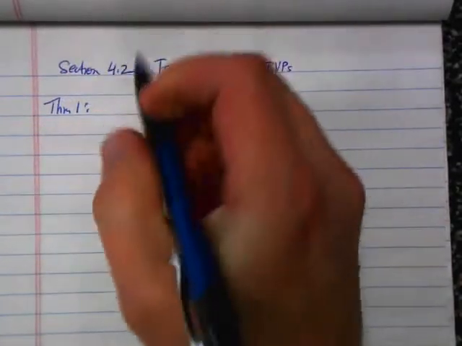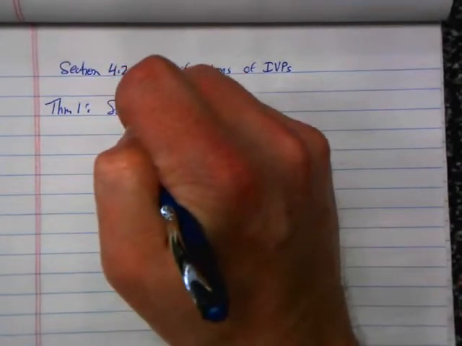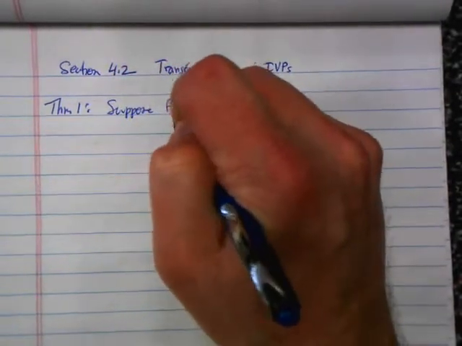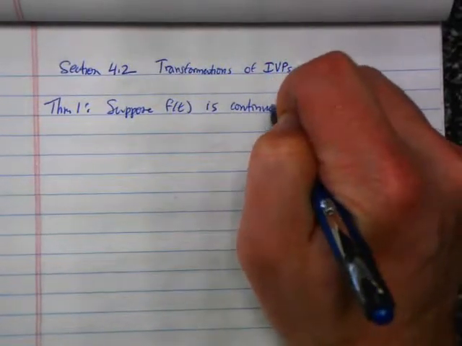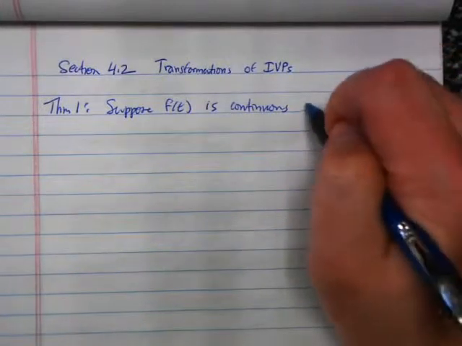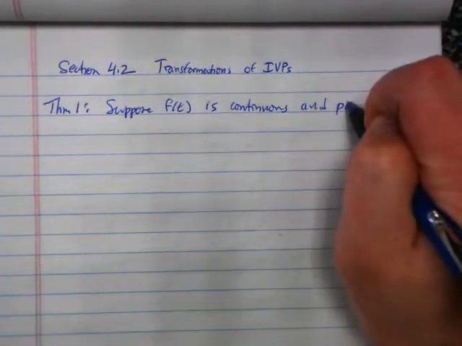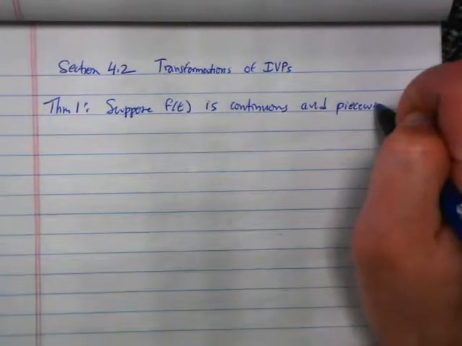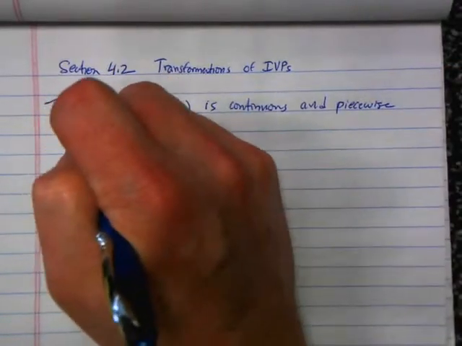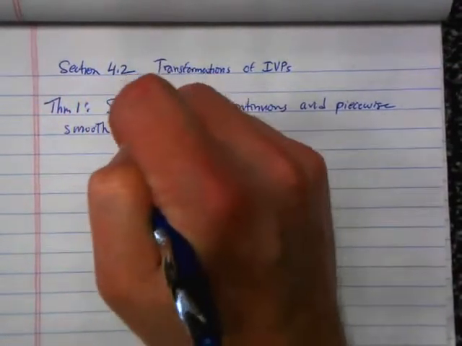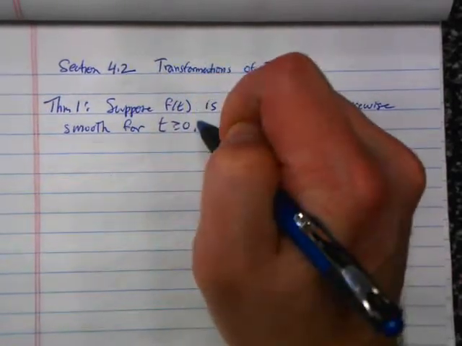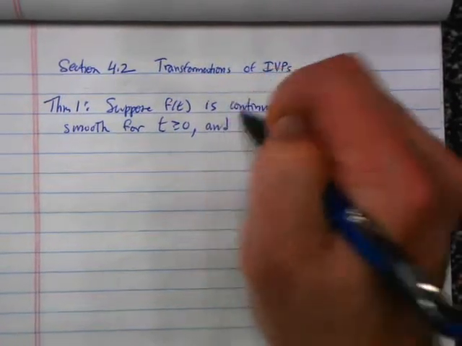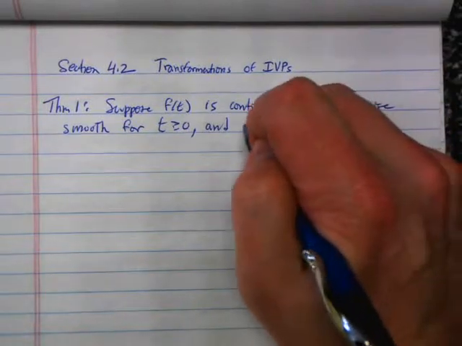Theorem 1 says, suppose f of t is continuous and piecewise smooth for t greater than or equal to 0, and is of exponential order.